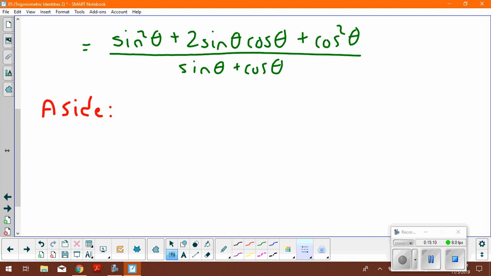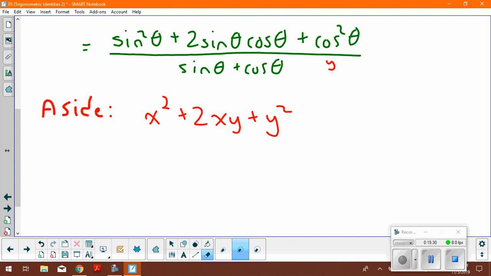Let's say if my sine was x, and I know that's probably not the best way to do it, but this could look like x squared plus 2xy plus y squared. If I said my sine squared is like an x, and my cos squared is like a y, this is what the thing on the top would look like.